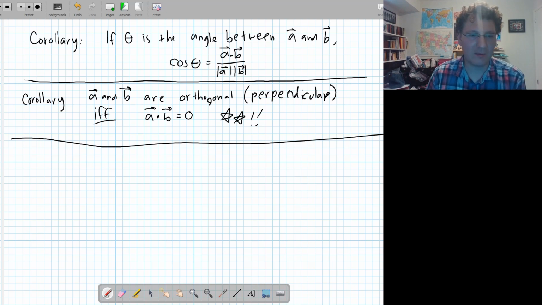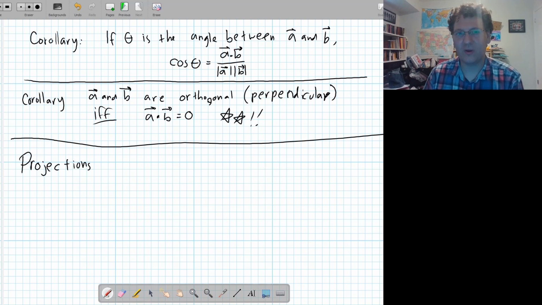Now we're going to talk about projections. I haven't really defined projection, although we talked about projections a little bit in the first lecture, projecting a point onto the xy plane, for example. I just mentioned that. So I'm going to illustrate it with a couple of vectors.